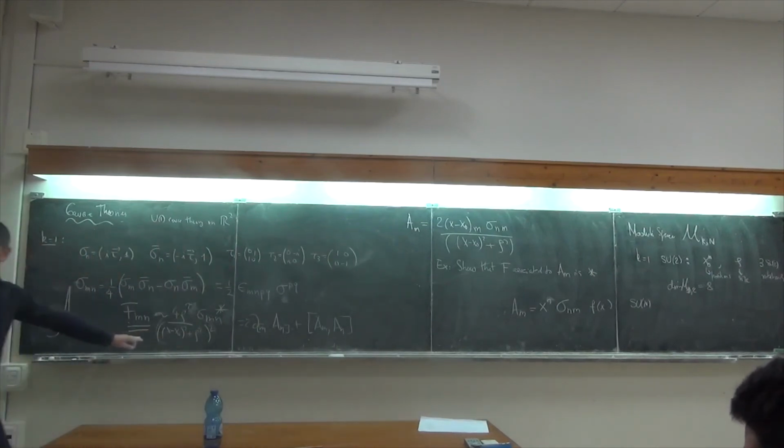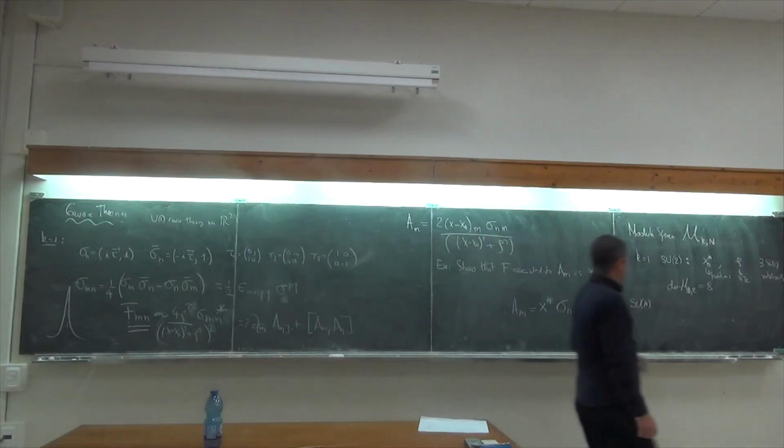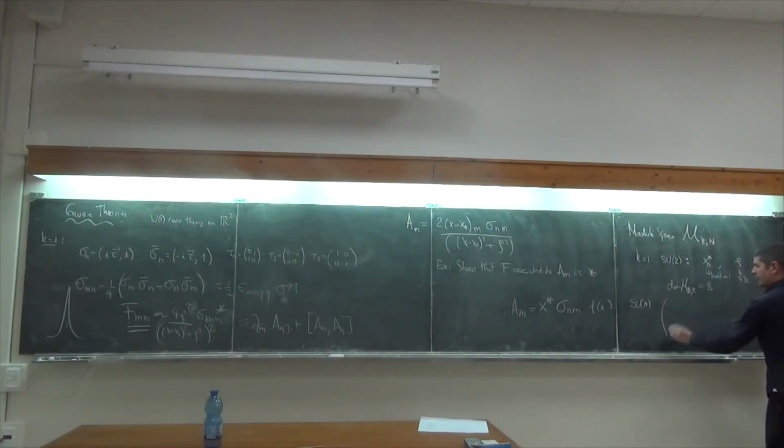Now, we already know an instanton of SU2. Then how can you do an SUN? Okay, you take the SUN matrix and put the instanton in some place, some SU2 inside the SUN. Now let's see how many parameters we have.